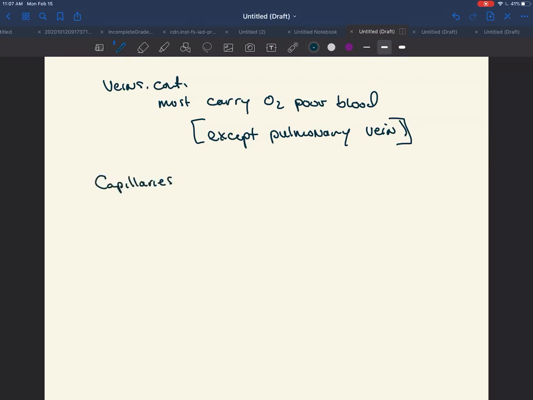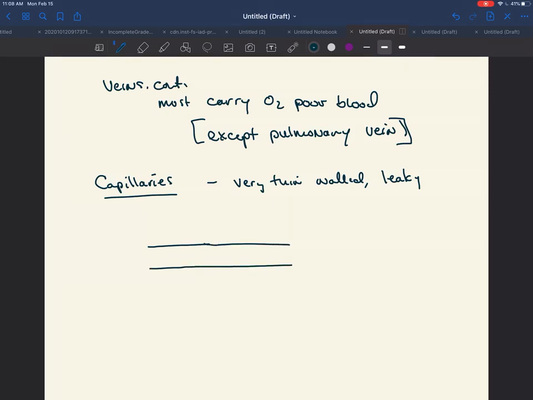Now, the other type of vessel is the capillaries, and the capillaries are very thin-walled. And they are leaky, which means that substances will move out of the capillaries. So we can talk about capillary exchange.